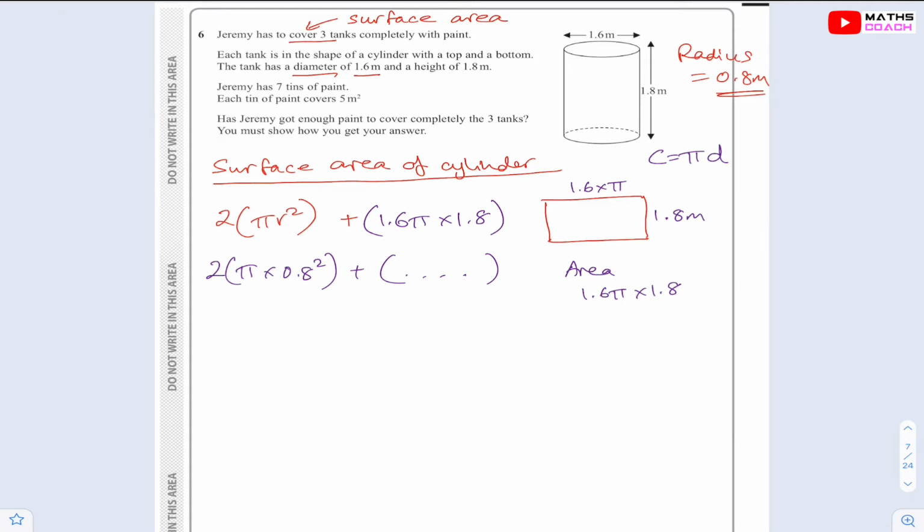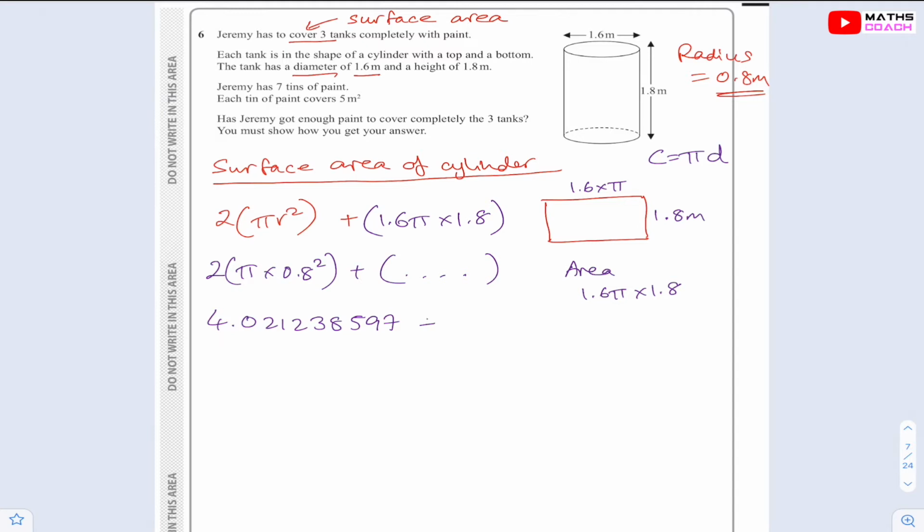So if you do 2 times pi times 0.8 squared, on your calculators you should get 4.021238597. Now you'll notice I'm keeping all these digits because I will round as late as possible so that I don't get any rounding errors. I don't truncate the numbers and then go way off with some of the final answers.